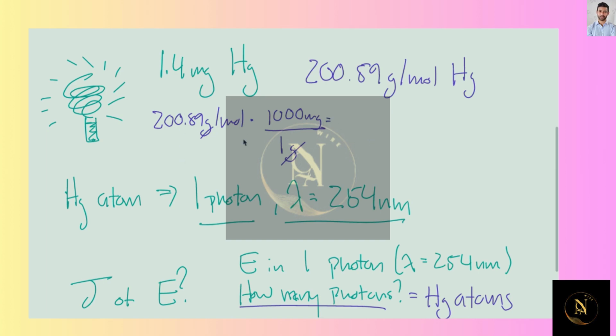We'll get whatever this is times 1,000, so 200.89 times 10 to the 3 milligrams per mole. Right, 10 to the 3 is the same as 1,000.